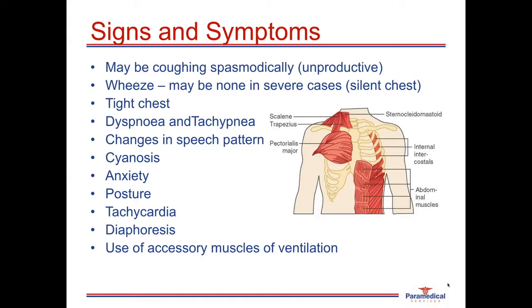The normal muscles of respiration include the diaphragm and the intercostal muscles. Accessory muscles include the trapezius muscles on the shoulder, the scalene muscles running down from the neck to the chest, and the sternocleidomastoid muscles in the neck over here.